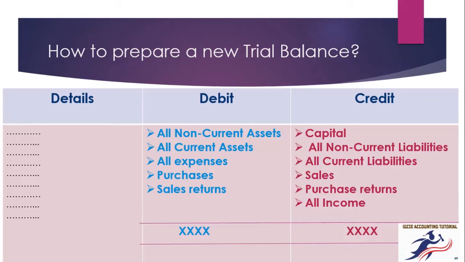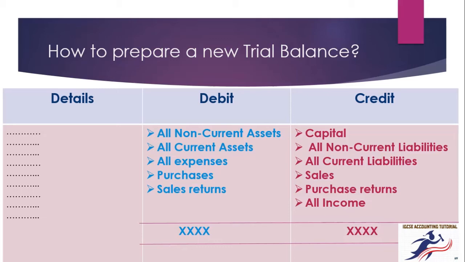Now, how to prepare a new trial balance? This is the best strategy to prepare any new trial balance. Let's have a look at the entries of the debit side and the entries of the credit side. First of all, the first column should be the details of entries, the details of transactions, then the debit side, then the credit side.